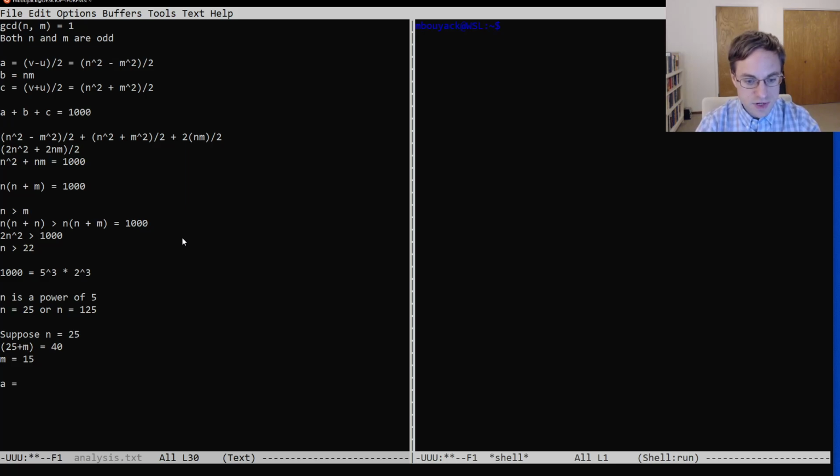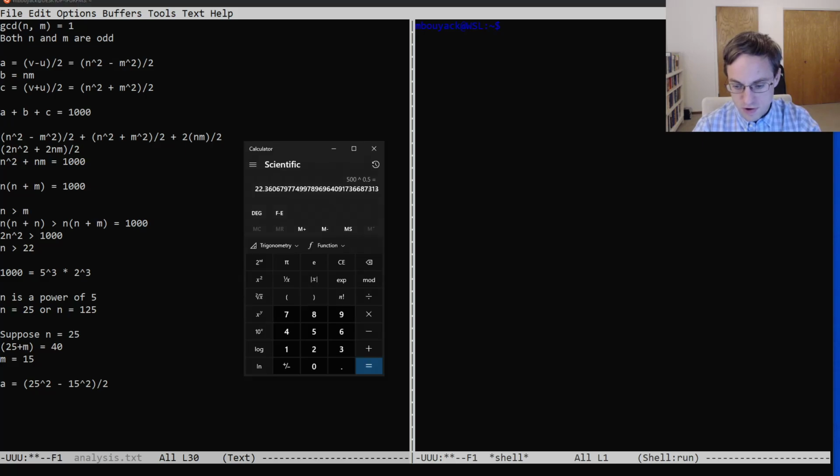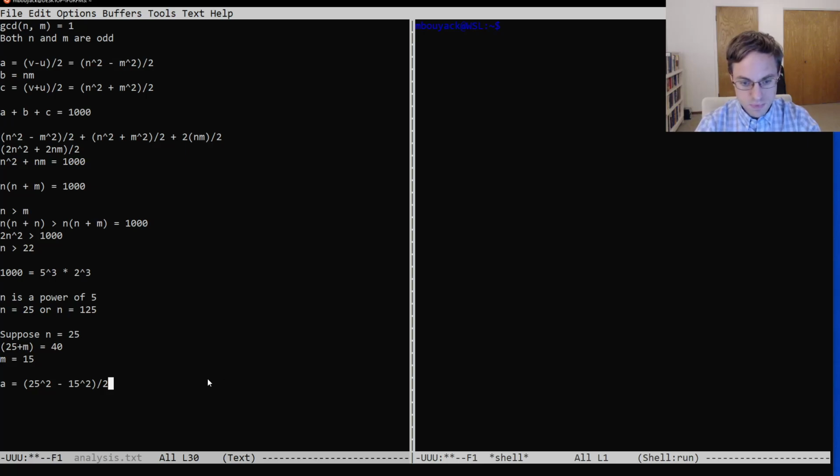So that's going to be 25 squared minus 15 squared divided by 2. And so using our calculator, that's going to give us 200. So we have a is equal to 200.